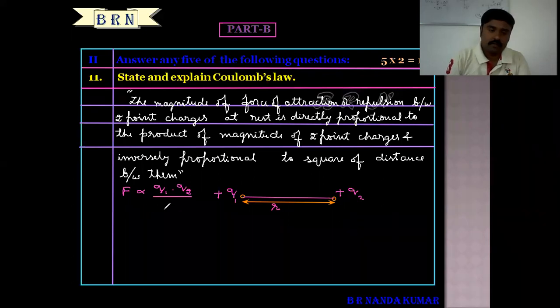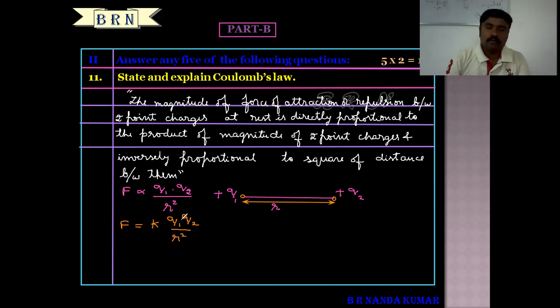So remove the proportionality, and we will get the proportionality constant here. So F is equal to K Q1 Q2 divided by R square.